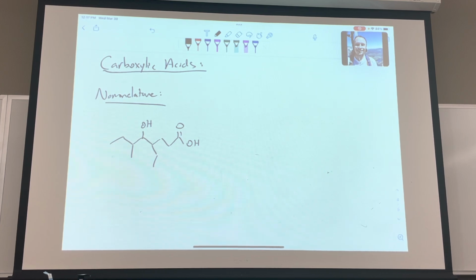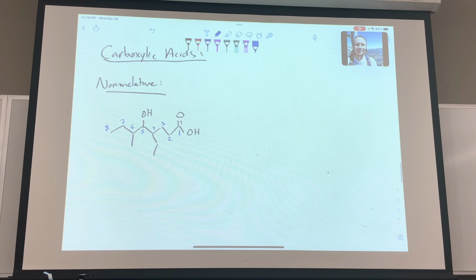All right, so I'll start numbering there. And then you just follow the normal rules of nomenclature, right? You start assembling your substituents alphabetically. So in this case, we would have ethyl would go first.